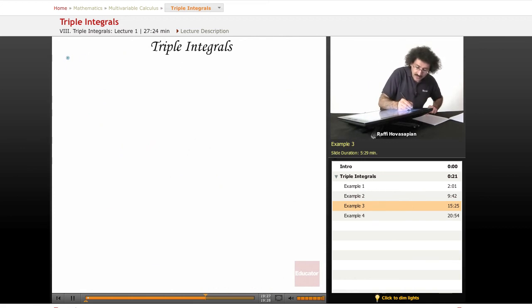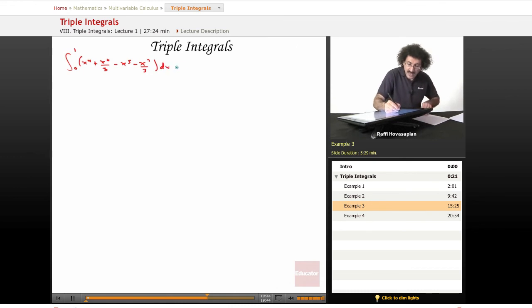So now I'm going to integrate from 0 to 1 of x to the 4th plus x to the 4th over 3 minus x to the 5th minus x to the 7th over 3 dx. And I end up with the following.